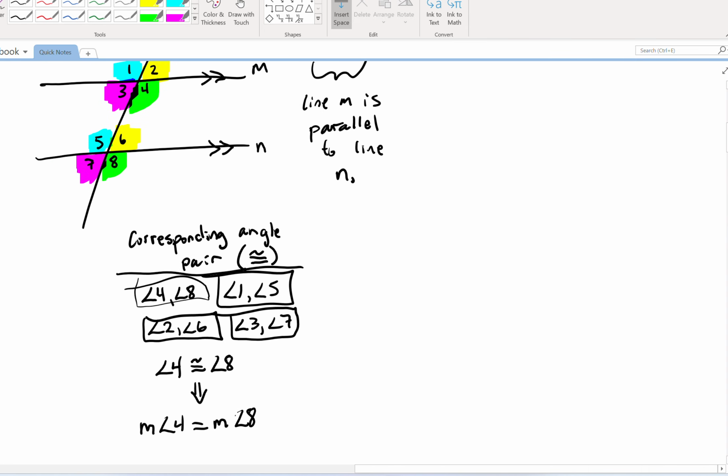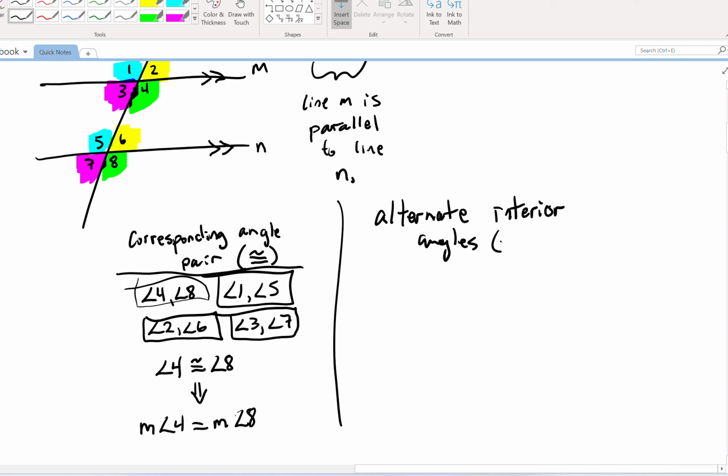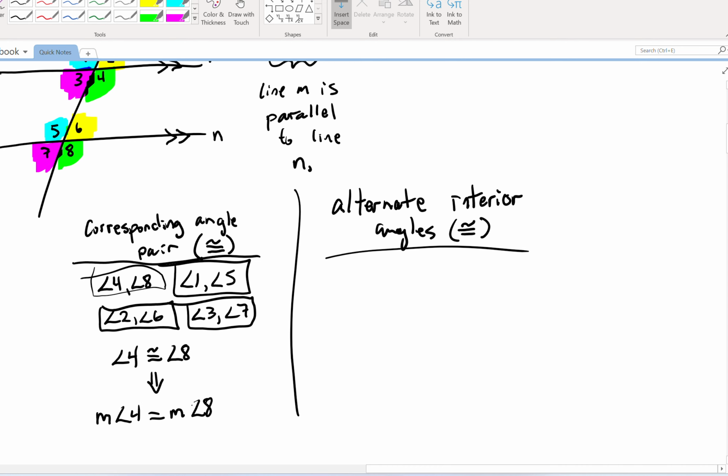Okay. Those are corresponding angles. Real quick, we've got alternate interior angles. These pairs are also congruent. I won't list them all. We have alternate exterior angles, and these are also congruent.